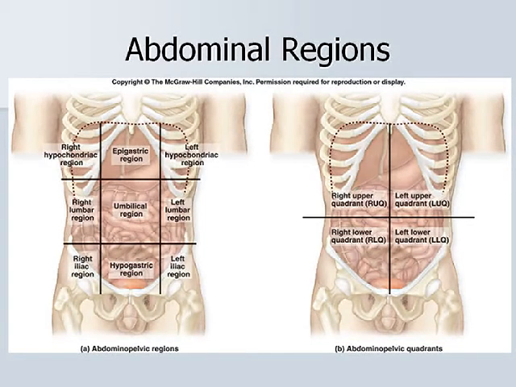So why it means somebody who's always sick, I don't know. So you have your right and left hypochondriac regions, right up under the ribs. We have your umbilical, and then we have your right and left lumbar regions. Lumbar refers to the vertebrae, and we'll talk about that in the skeletal system, but your lumbar region is in your lower back. So if you think about where your lower back is, this is your right and left lumbar region.